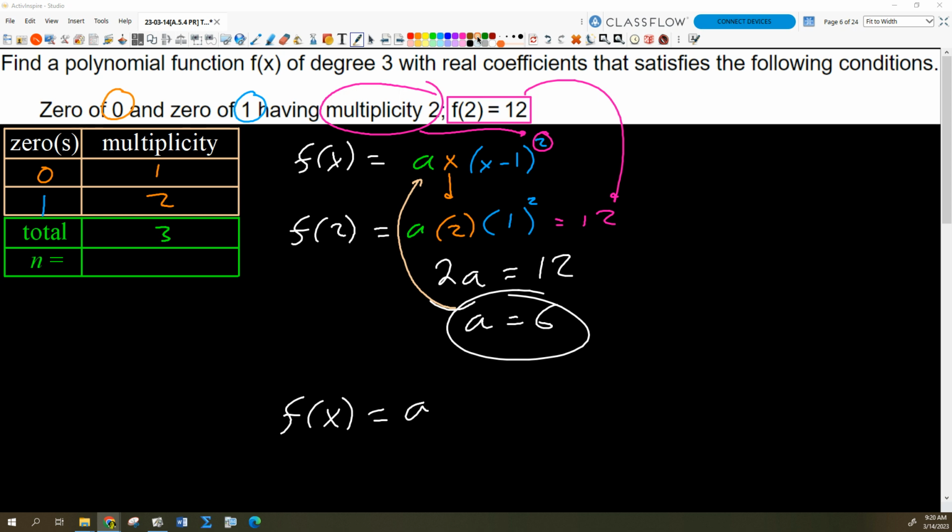We just use this line here to calculate A. So I get f of x equals A, which we figured out is 6, times x. I don't need parentheses around the x though, do I? Times the quantity x minus 1 squared. That's my function. That's it.